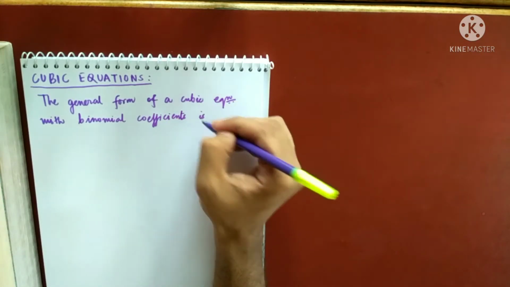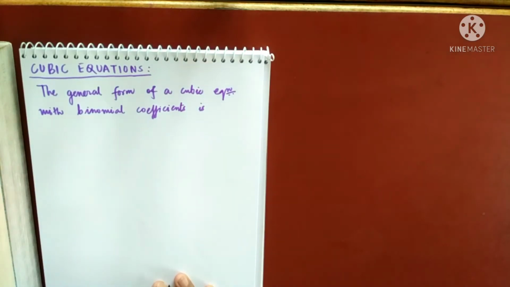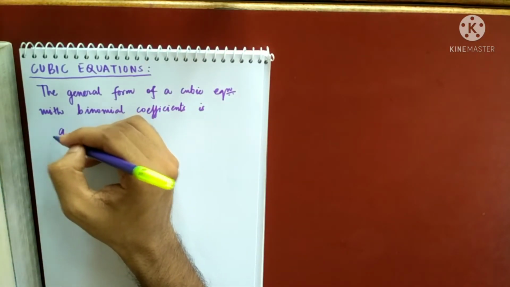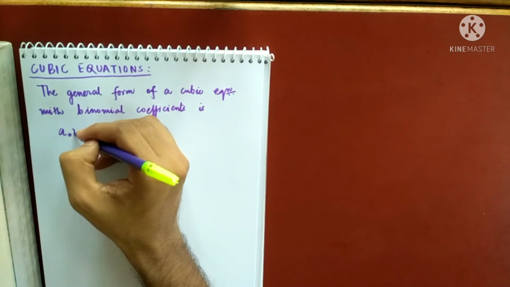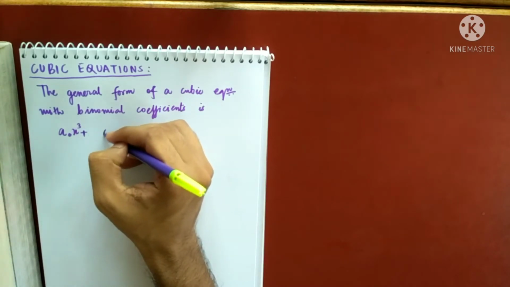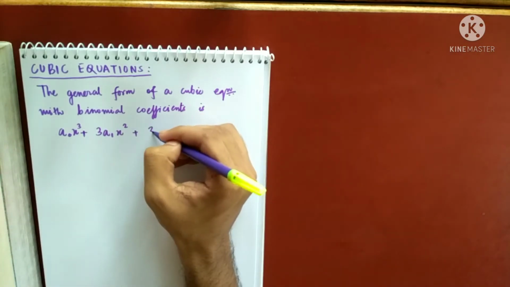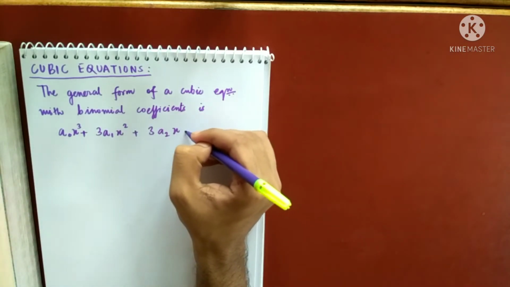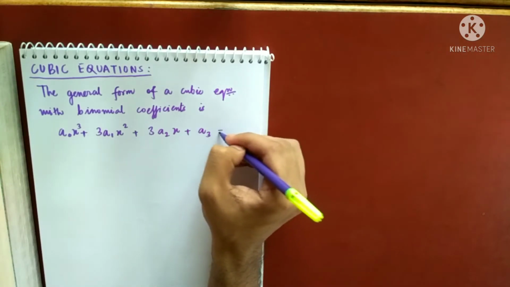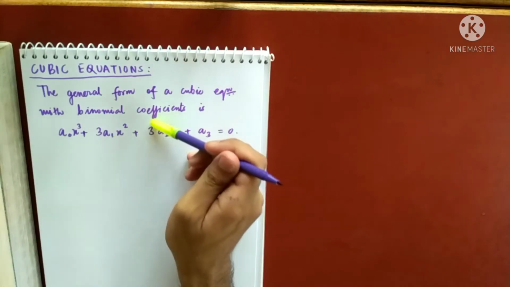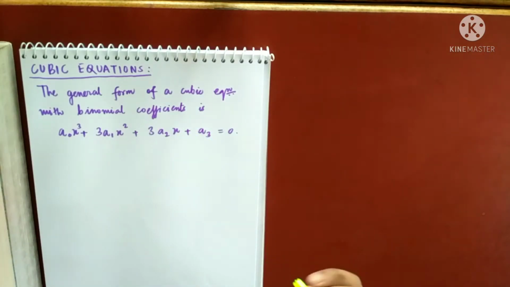So instead of taking any general cubic, we'll consider this type of cubic: a0 x cube, where the coefficient is 1, then instead of just writing a1, we'll take 3a1 x square plus 3a2 x plus a3 equals 0. See, the binomial coefficients are 1, 3, 3, 1. You know 3C0 is 1, 3C1 is 3, 3C2 is 3, 3C3 is 1.